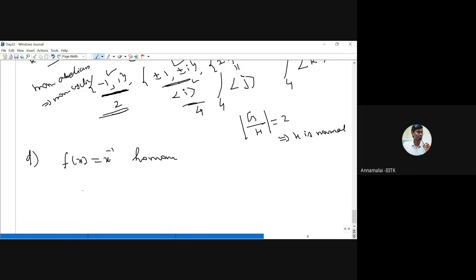Therefore, it satisfies the condition f of xy equals f of x into f of y. Now, what is f of xy? By the definition, (xy) whole inverse. This is equal to f of x, which is x inverse, and f of y is nothing but y inverse.